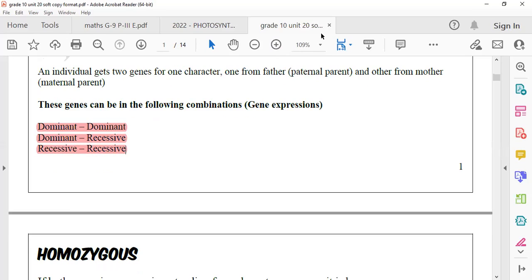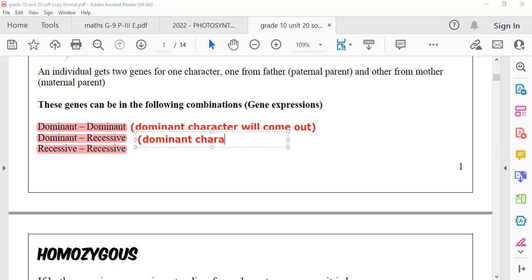In the first combination, dominant character will come out. Okay? With dominant and recessive also, which one will come out? Dominant character will come out.